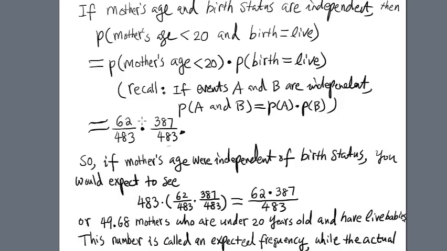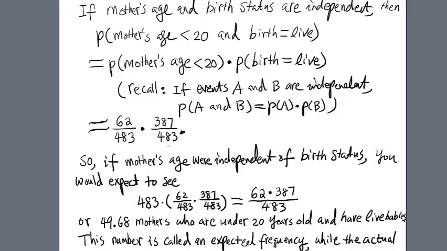Because the total number of mothers is 483, we would expect this many mothers who are under 20 years old and have live babies.